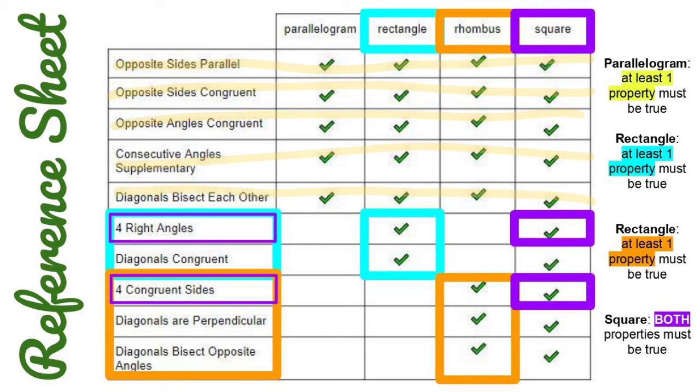However, there are some other properties that are true specifically for each of my other types of shapes. And so we're going to break that down and just focus on looking at those properties today. But this reference sheet is available to you, so make sure that you are using this as a resource so that you have access to what those properties are and for which shapes they are true.